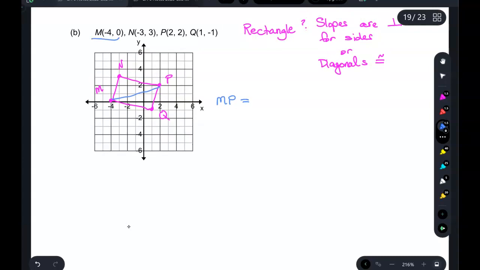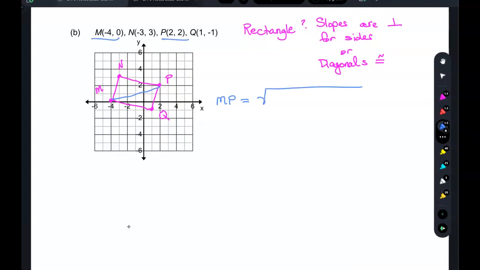So I'm going to do MP. Let's see. So I have 2 minus -4, so 2 plus 4 squared, and 2 minus 0 squared. You're going to have to use the distance formula again throughout this semester and next year, so it's good to just review it anyway.